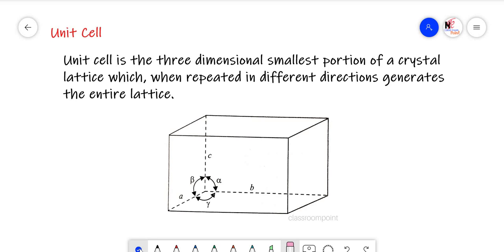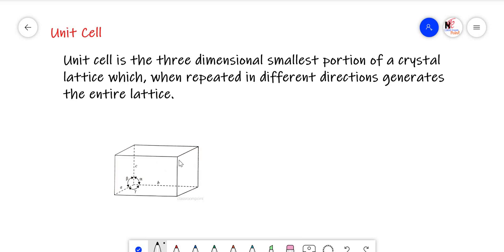Now let us try to see how to develop a crystal using a unit cell. Let us try to develop the three-dimensional crystal lattice by repeating this unit cell. This unit cell only I am repeating this side.